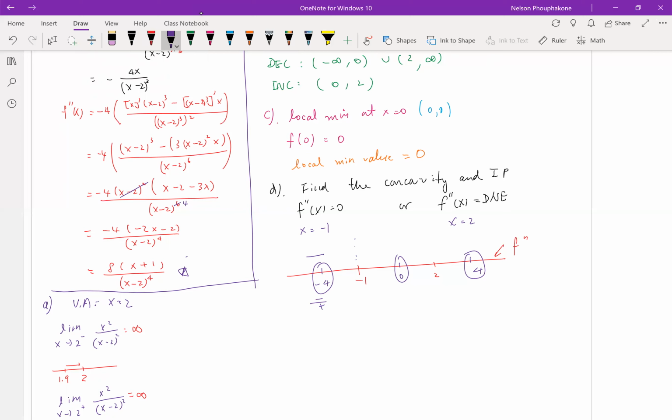At 0, positive, positive. At 4, positive, positive. Again, remember this is my vertical asymptote right here. So I only have one change from concave down to concave up, and also concave up here.